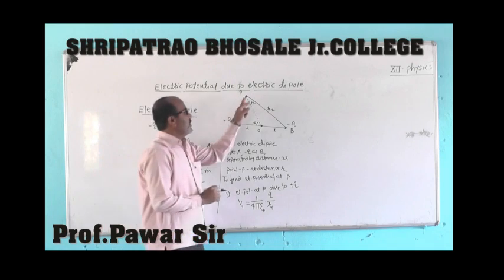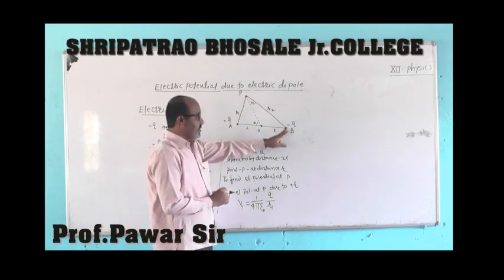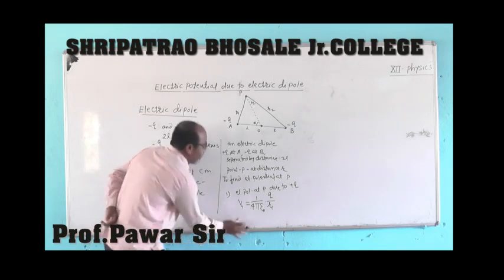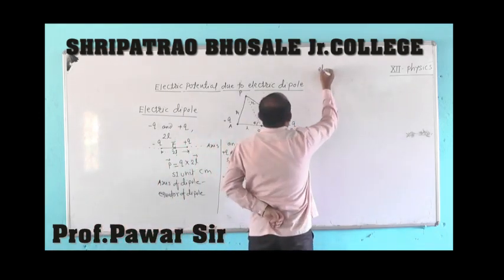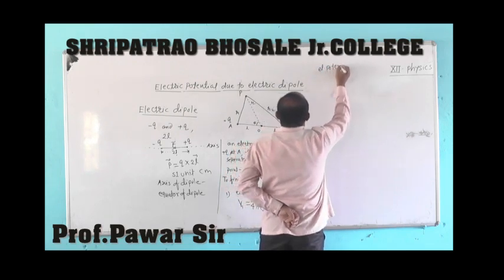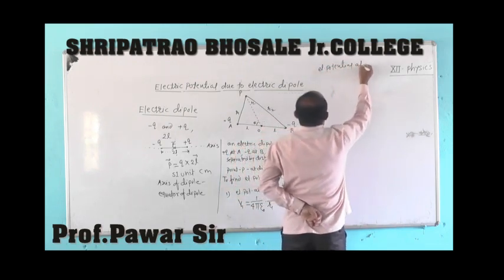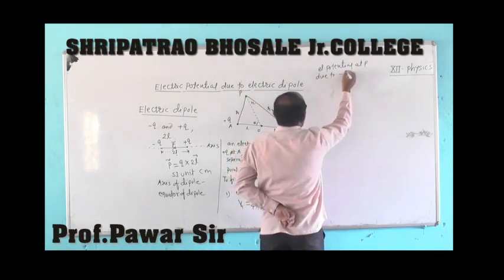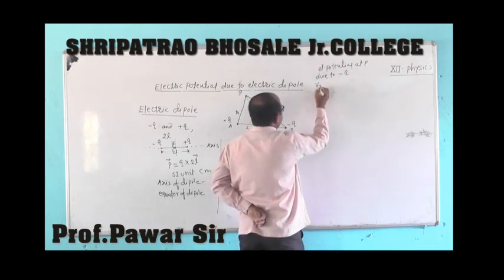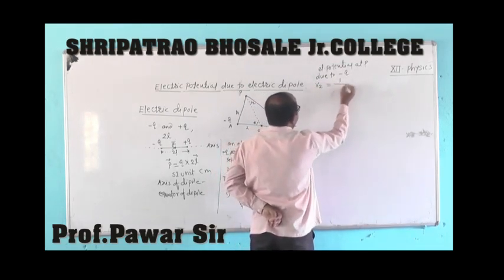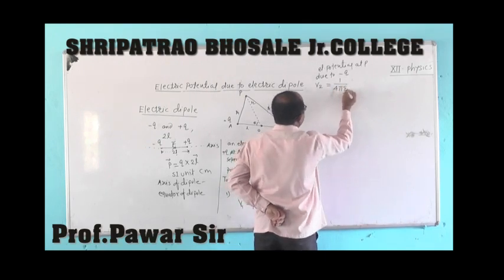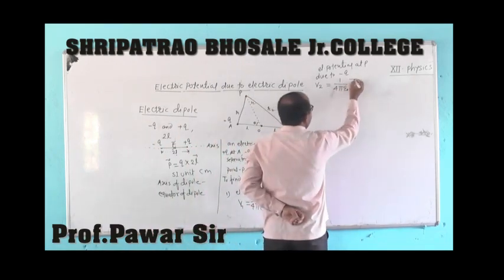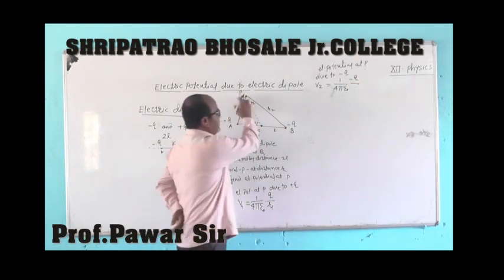Similarly, we can write electric potential at point P due to charge minus q at B. Electric potential at P due to charge minus q is V2 equal to 1 upon 4 pi epsilon 0 into charge minus q divided by distance r2.